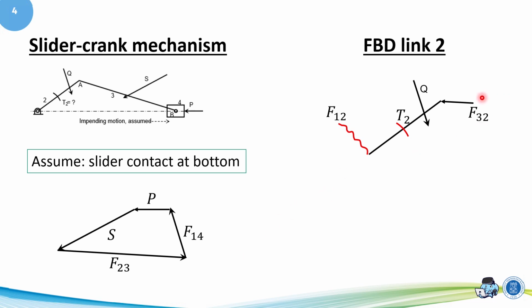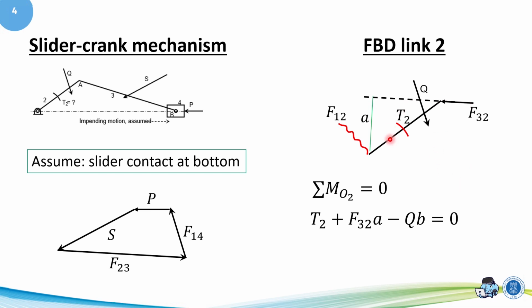To solve this problem, we can use the moment equilibrium at point O2. So we can get the equation T2 plus F32 times A minus QB equal to 0. A is the moment arm for the force F32 and B is the moment arm for the force Q. How to find those numbers?